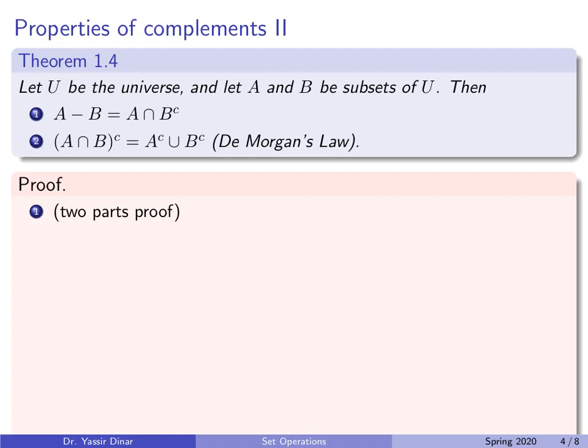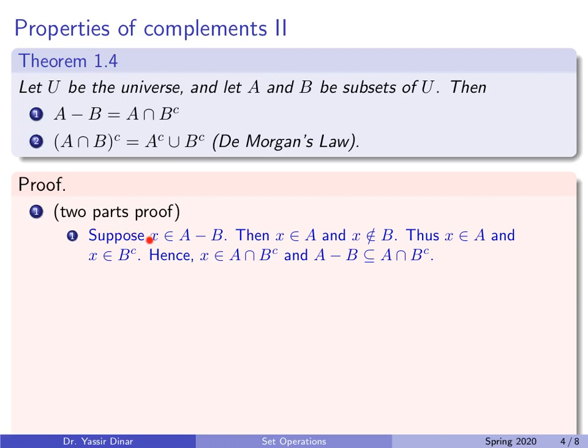I will begin the proof by showing that A difference B is a subset of A intersection B complement. So I will take an element in the first set and I show that this element will be in the second set. So we take X an element in A difference B. Then by definition X belongs to A and X is not an element in B. But this further means that X is in A and X belongs to B complement.